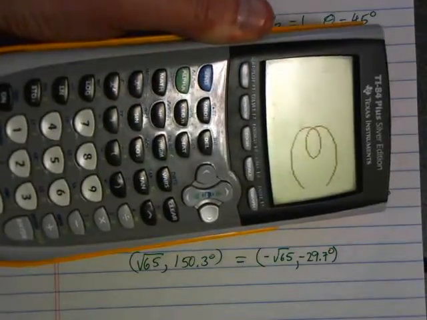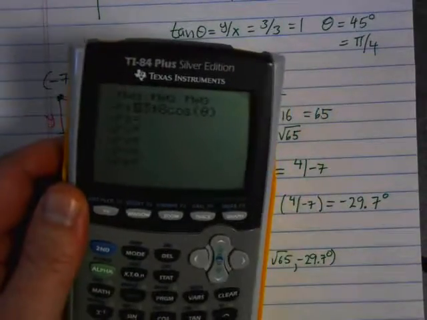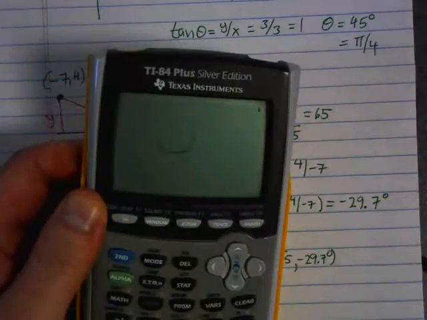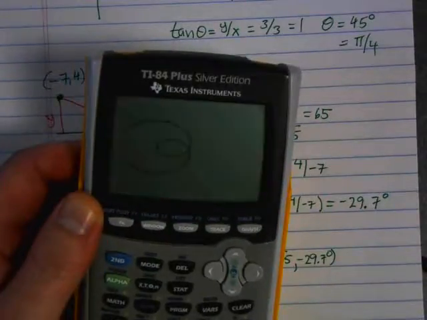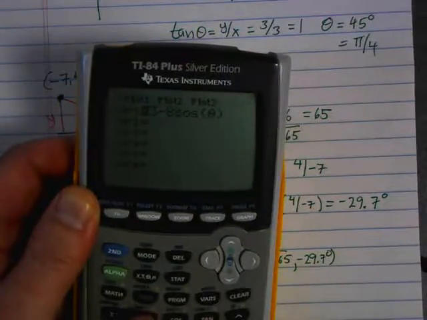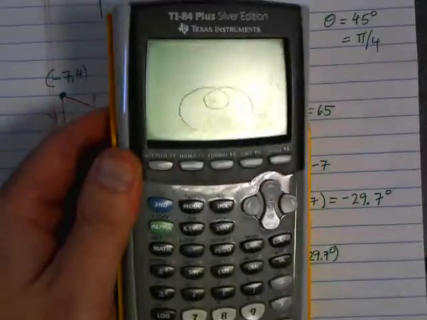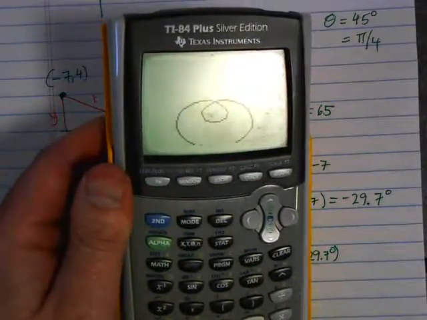Why limaçon with inner loop? Because it's got a loop in the middle. Same thing, more or less. What if I change that to a sine? Then it rotates it. It goes up and down instead of left and right.